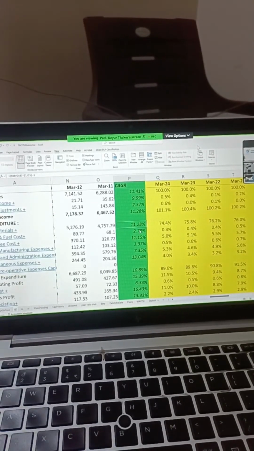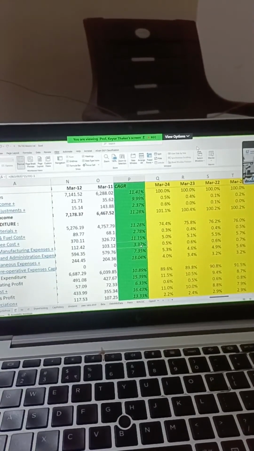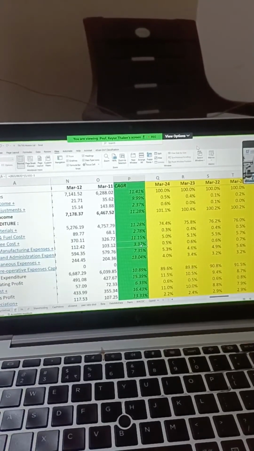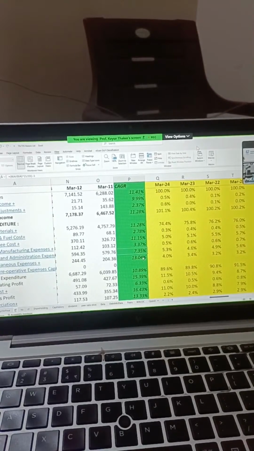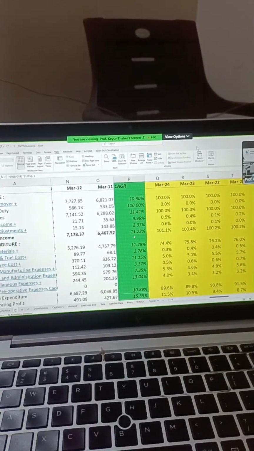Power and fuel expenses have grown by only 2%. Employee costs have grown by 11%. Other manufacturing expenses from 2011 to 2024 have grown by 3.37%. Selling and administration, miscellaneous expenses, and total expenditure have grown by 10%. So interestingly, your revenues have grown by 11%.